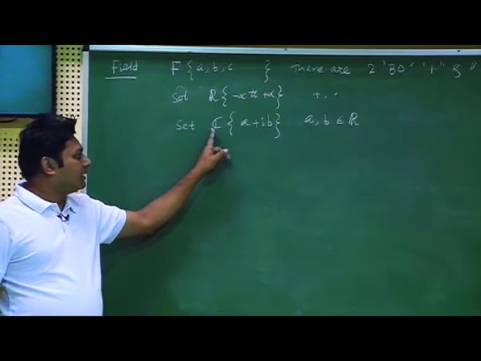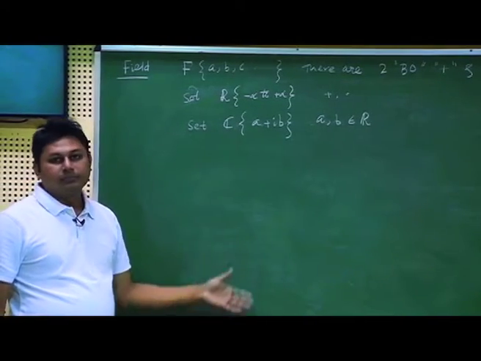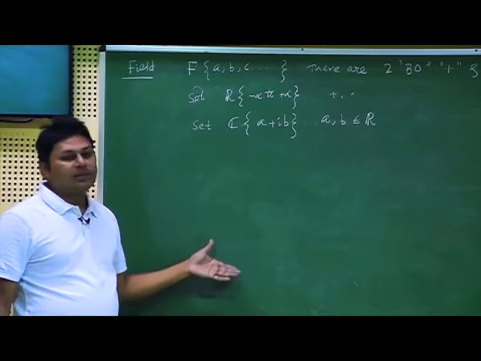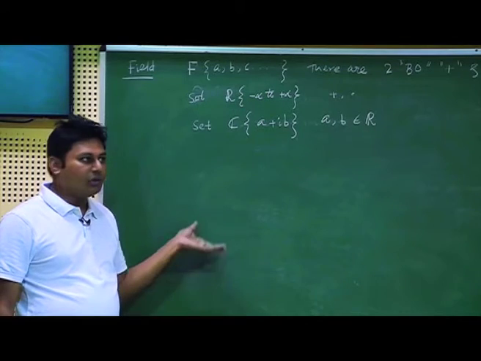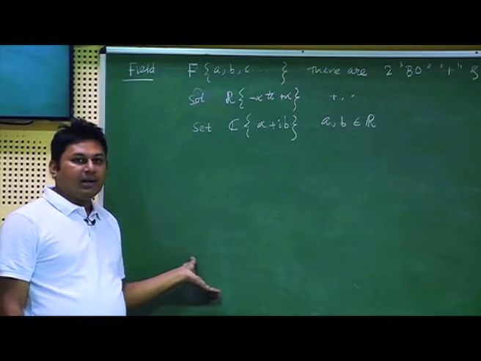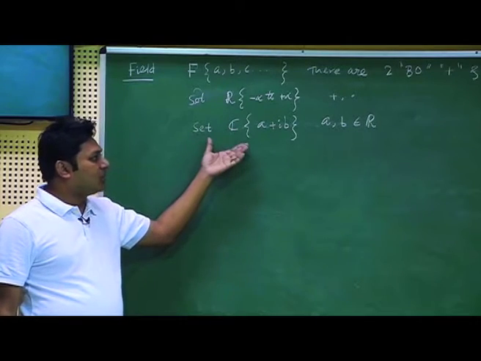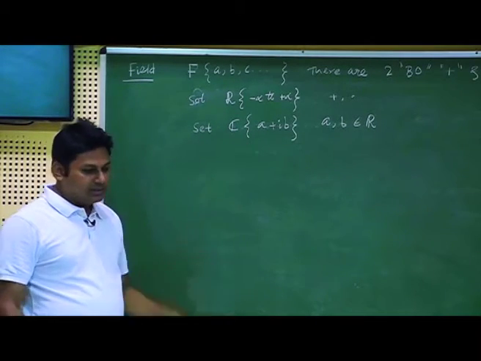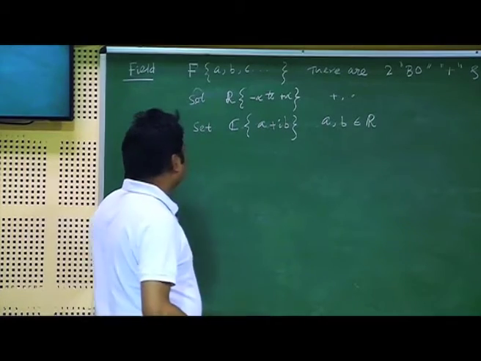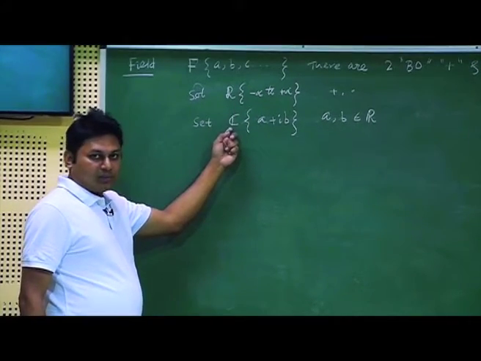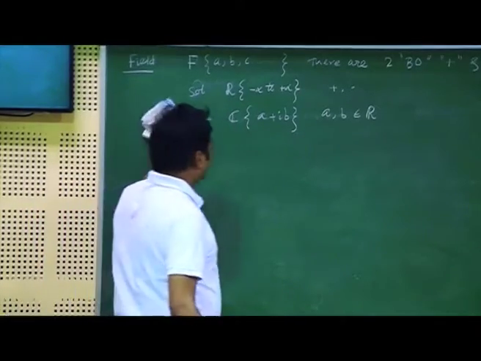In the same way, I need to check all the properties, all these 10 or 11 properties, so that they can form a field, and if you do that, you will find that C, the set of complex numbers, can also form a field. We also need to know that the real numbers can form a field as well as the complex numbers.